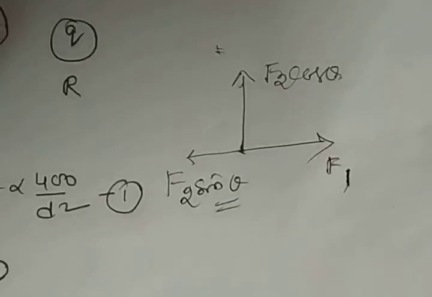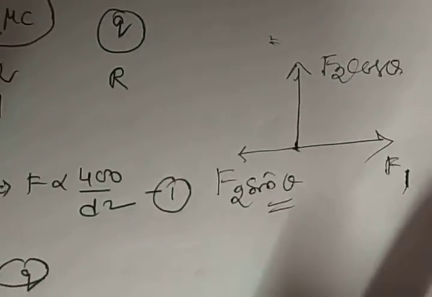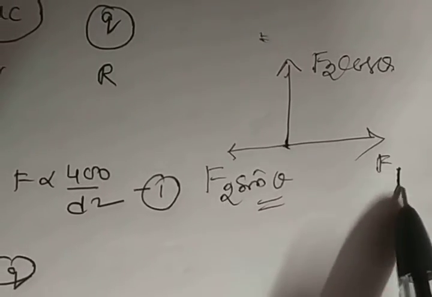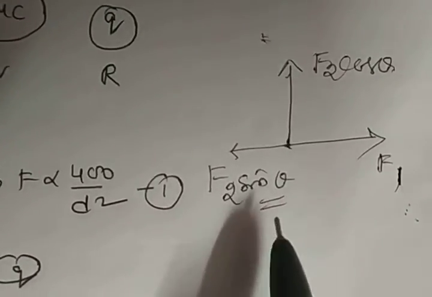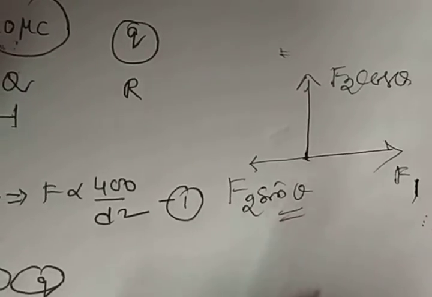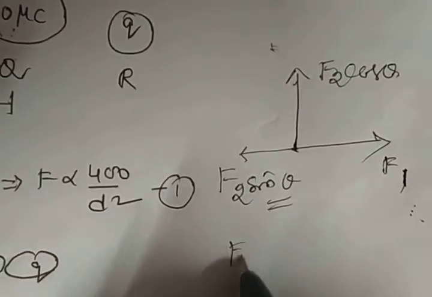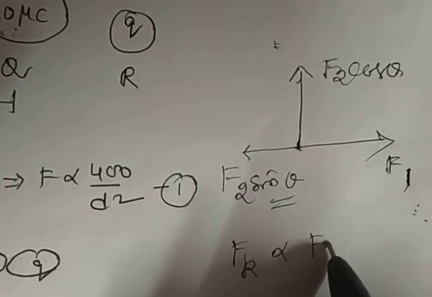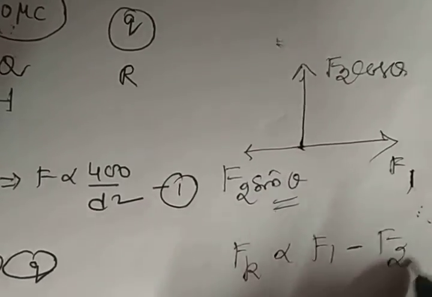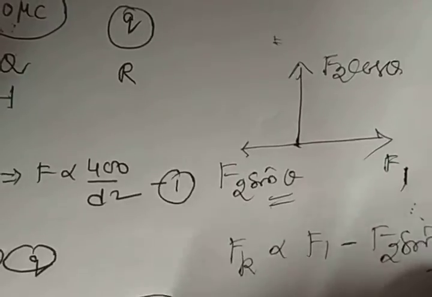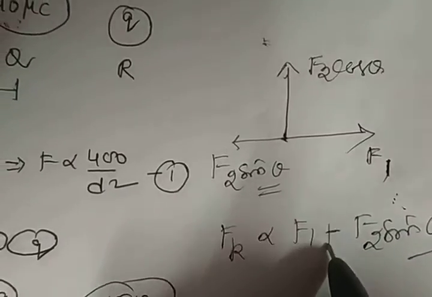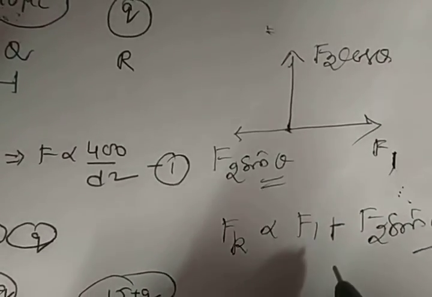Okay, but this force F1 is attractive, and F2 is repulsive. Now both are opposite or not? So the resultant force is proportional to F1 minus F2 sin theta actually, but this is attractive, so it will represent minus.